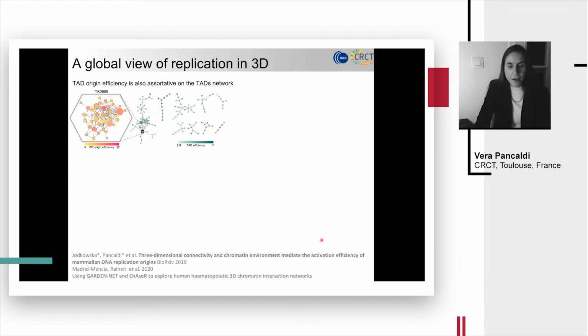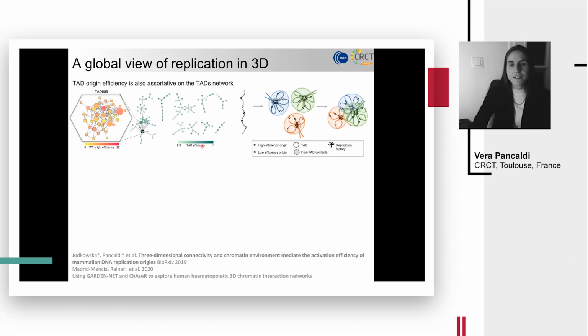So what this brought us to conclude was that origin efficiency is something that could be looked at in a global manner. We could look at single fragments that could represent single origins, but we even averaged efficiency of origins across entire TADs, and we were able to show that even origin efficiency at the TAD level is assortative on a TAD network.